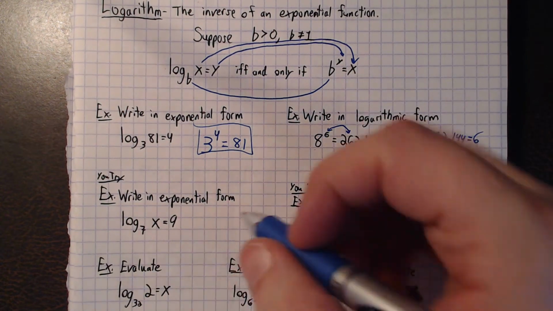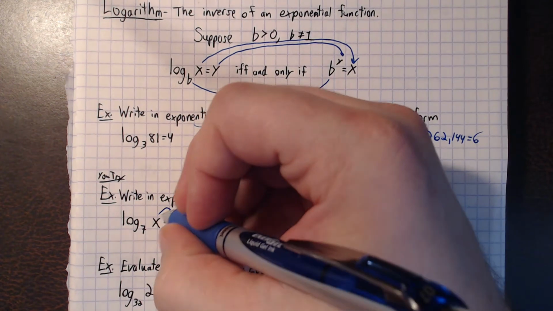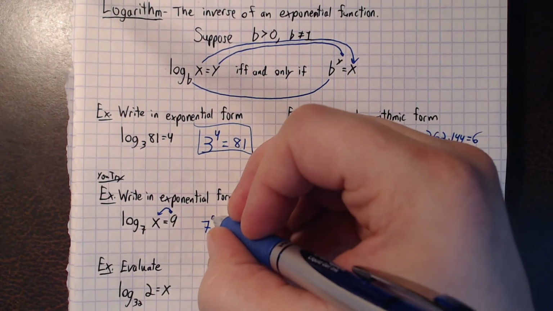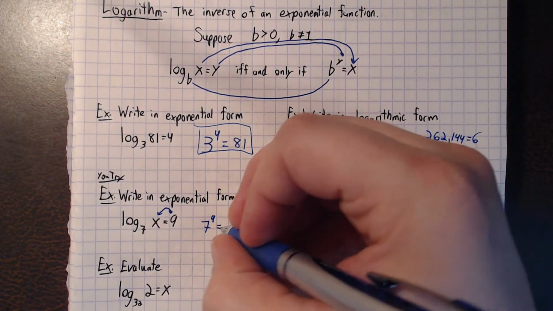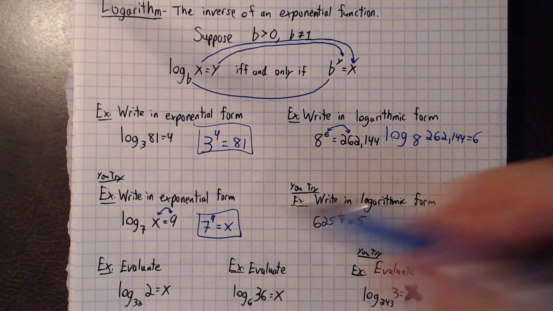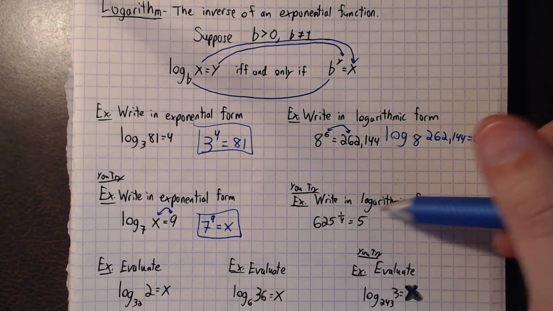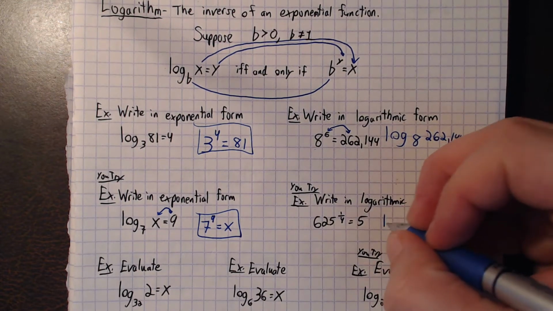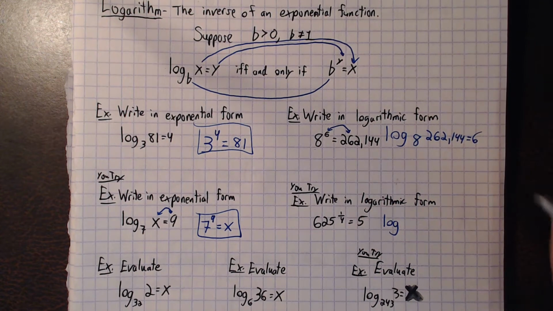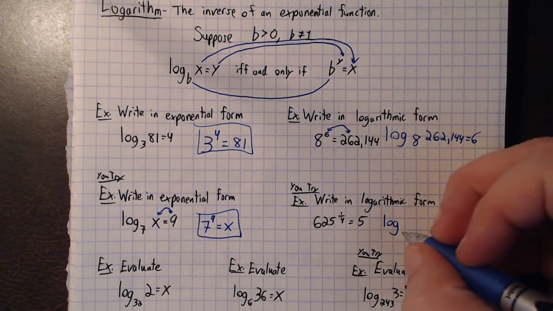You want your base to remain as a 7, and we're basically just going to switch these two. So I know 9 becomes my power, and it's going to be equal to x. Eventually we can figure out what that value will be. The other one that you were to try is change it to logarithmic form. So I'm going to write down log first this time, and I know my base is also going to stay as my base.